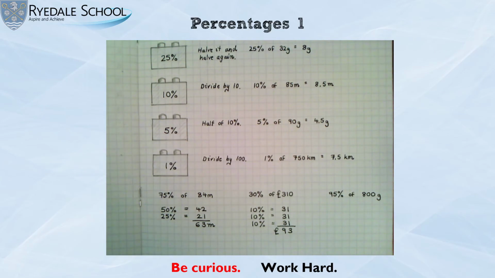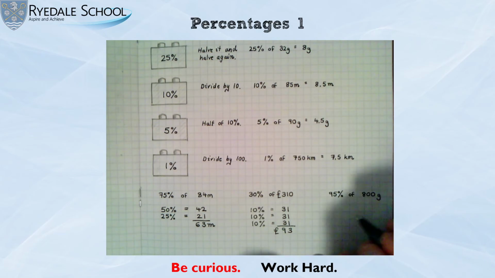Okay, so how would you do something complicated like 95%? You might be thinking, let's do a 50%, let's do a 10%, a 10%, a 10%, a 10%. That's got me up to 90. Oh, and another 5%. And that would work. It would involve a lot of work, but it would work. There's actually an easier way of doing this.